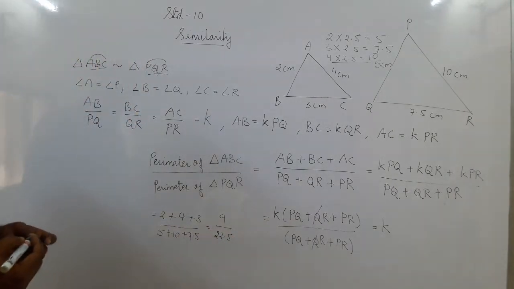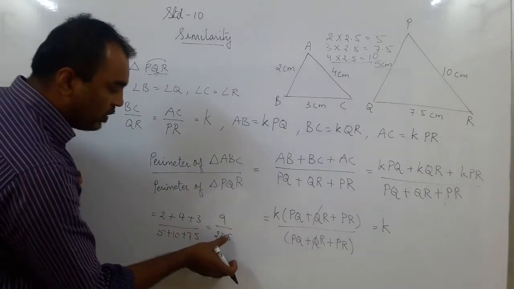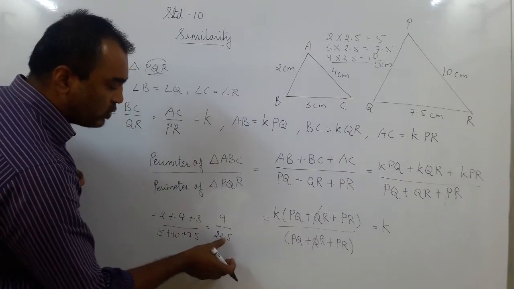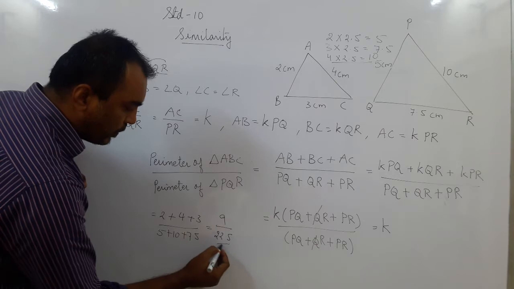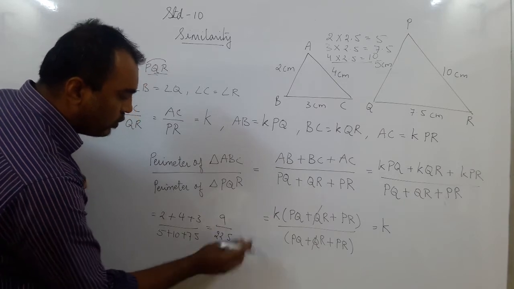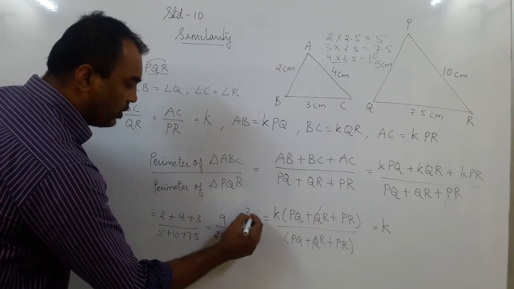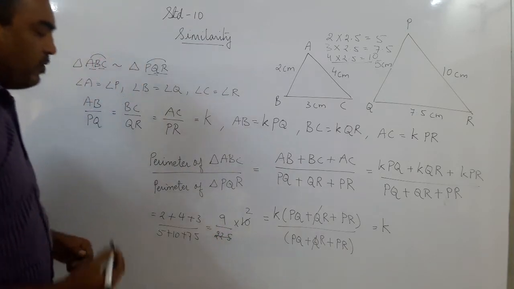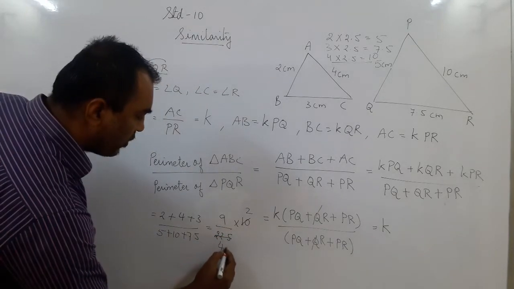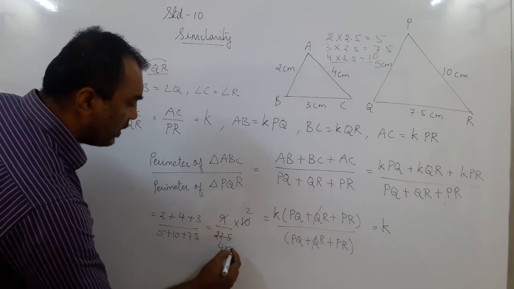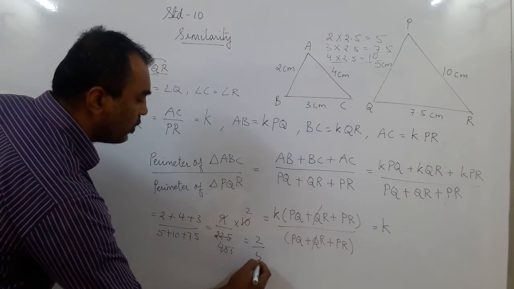Right? And how do you write 22.5? I can write 22.5 as 225 upon 10 and the 10 will go into multiplication. Now we get 5 2s are 10 and 5 45s are 225. 9 1s are 9, 9 5s are 45. The ratio is 2 upon 5.